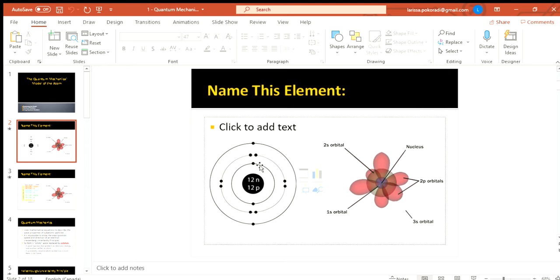If we're looking at 12 protons, we could go to a periodic table and ask what has 12 protons. It's number 12 on the periodic table. That must be magnesium.